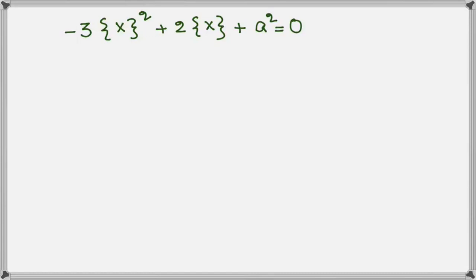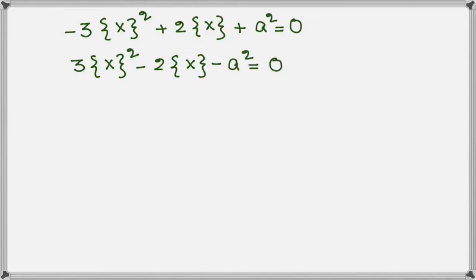Now since we always want to keep the coefficient of the 2-degree term of any real quadratic equation to be positive, we write it as 3 into fractional part of x whole square minus 2 into fractional part of x minus a square is equal to 0.